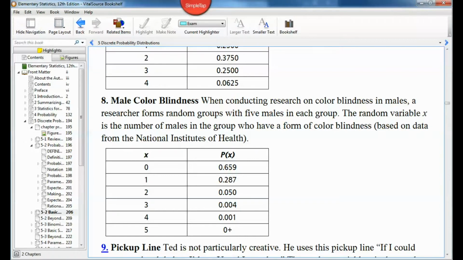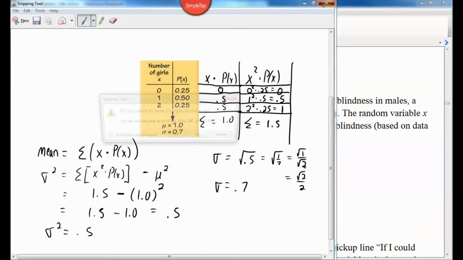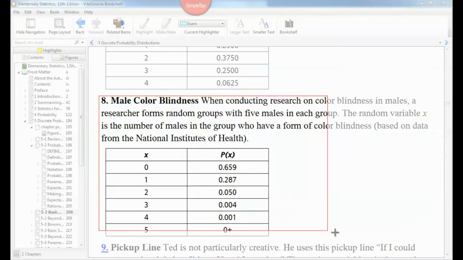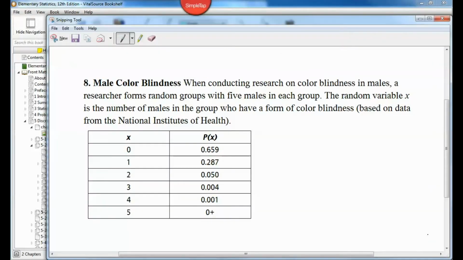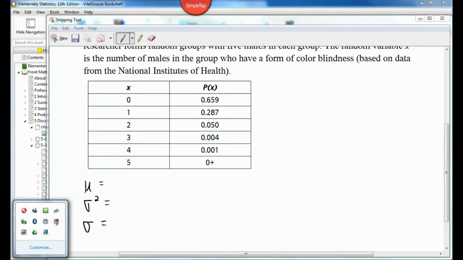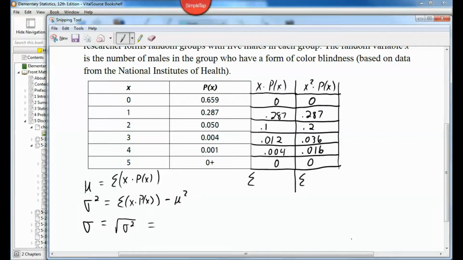Alright, now let's take this set of data and I want you to find the mean, the variance, and the standard deviation. Alright, so you need to make a column that's x times p of x.